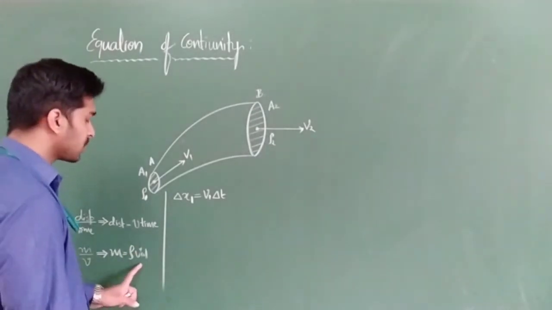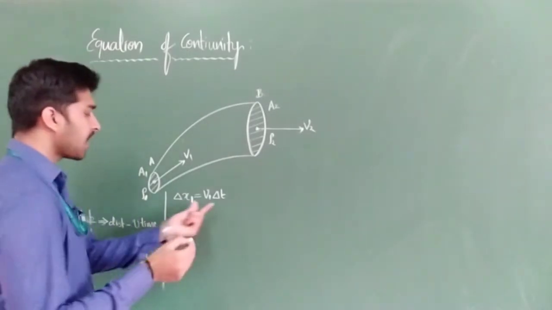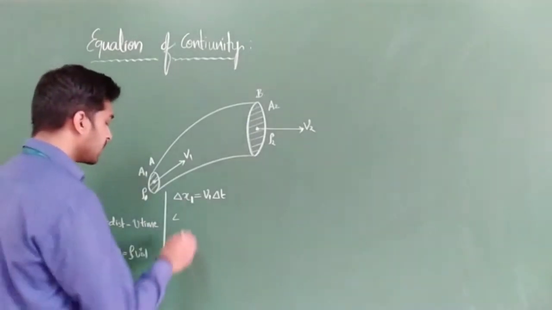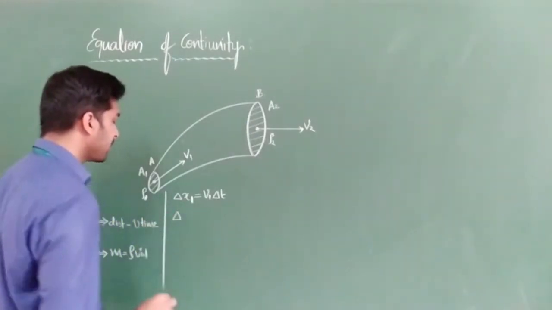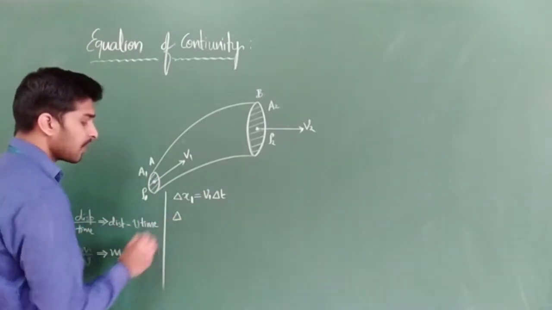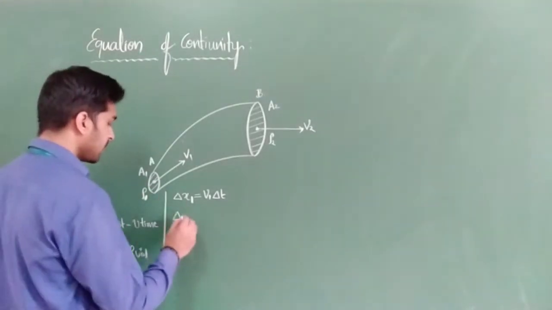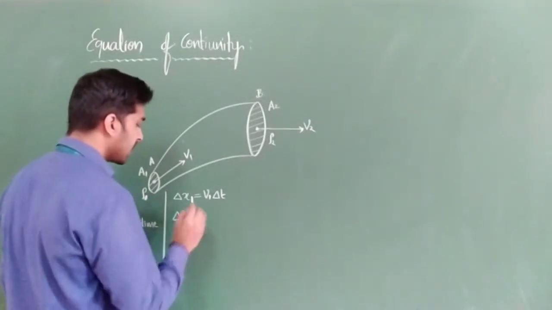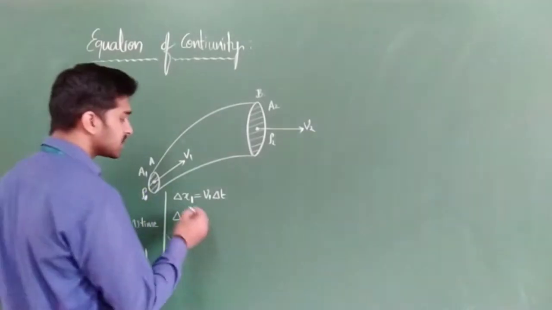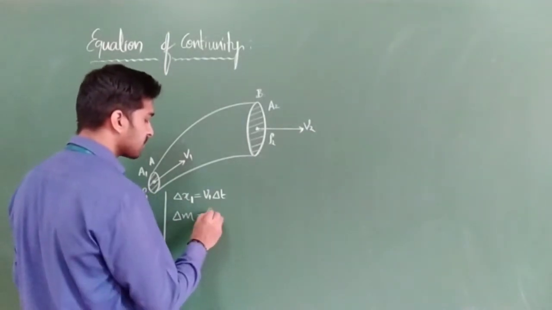Here, in that small time interval delta t, when the fluid has covered a small distance delta x1, the mass of the fluid which is entering at this point we specify as delta m is equal to density into volume. Density at this point we are considering as rho1, correct?